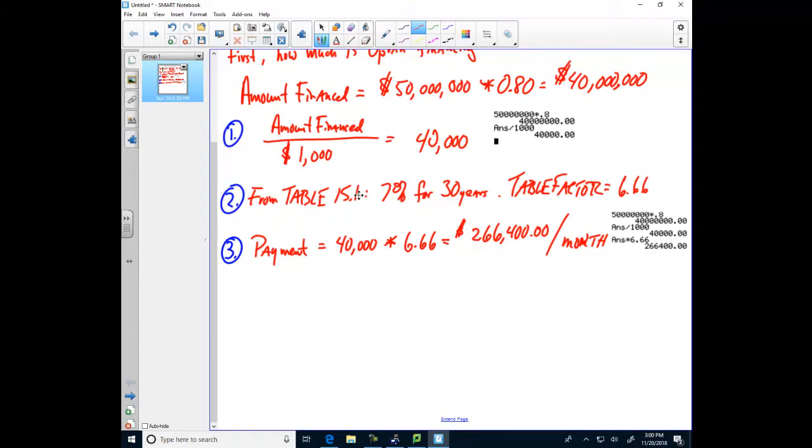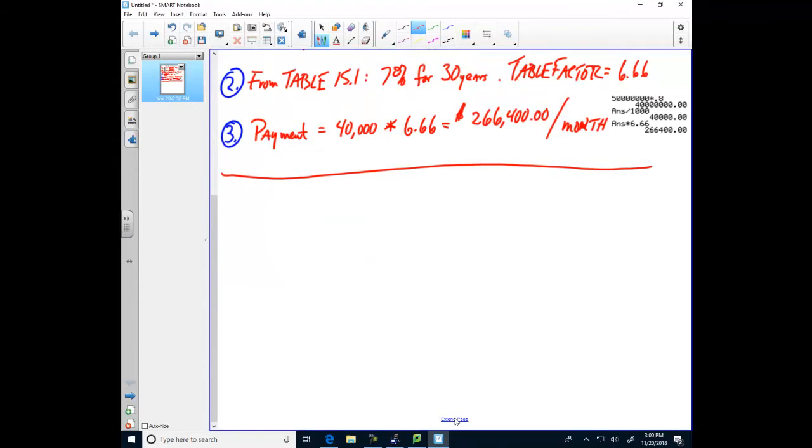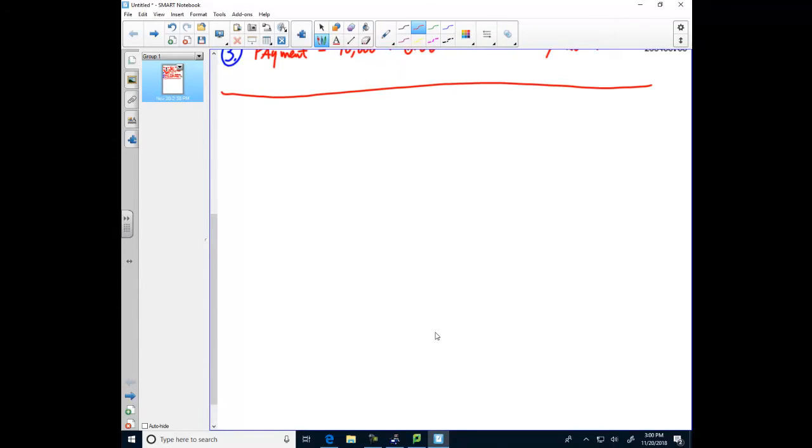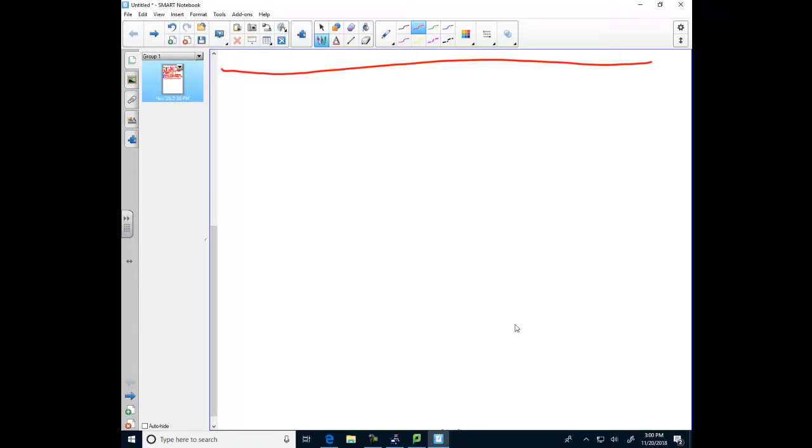So let's work that, just because it's interesting. Well, by that, what I mean is, let's work 1511 and 1512. So 1511.